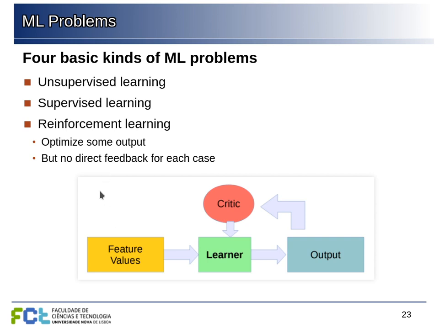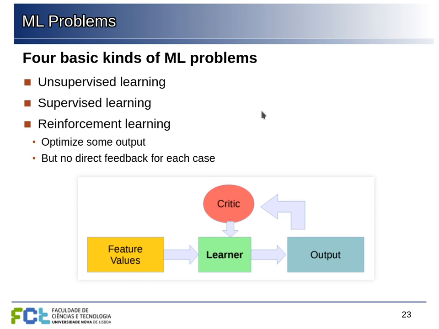For example, if we are training a system to drive a car, we know that if the car crashes, this is a very bad outcome, and we want to inform the system that this should not happen, but we don't know for sure when the incorrect decision was taken, because it could have been a turn taken a few seconds before, or choosing the wrong side of the road, or something like that. So we do not have immediate feedback for each decision, but sometimes we have feedback from an outcome that must be attributed to different decisions in the past.